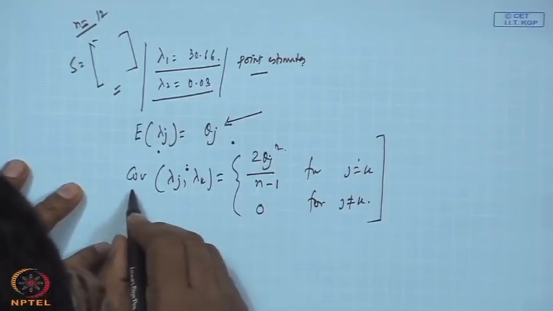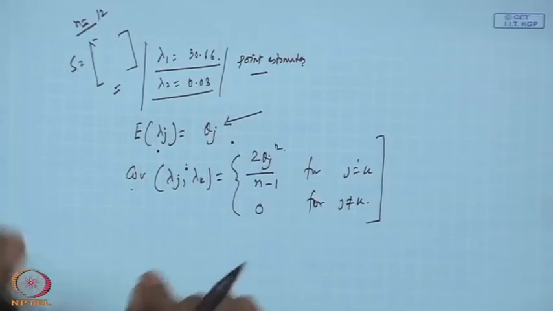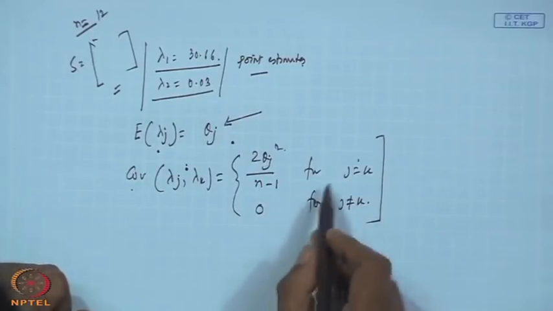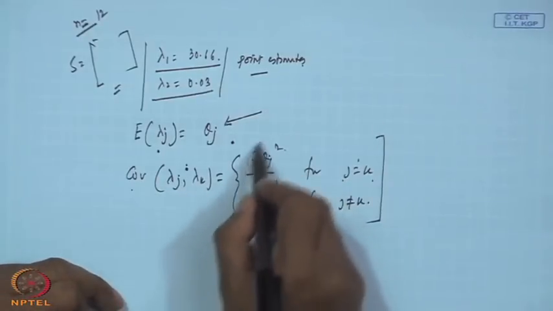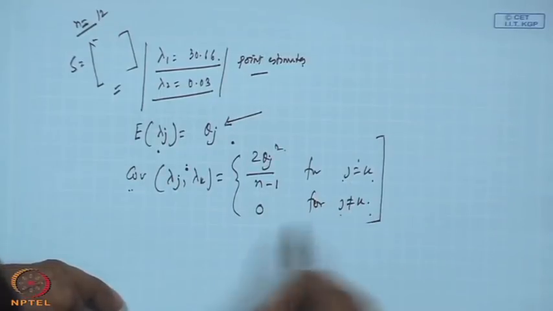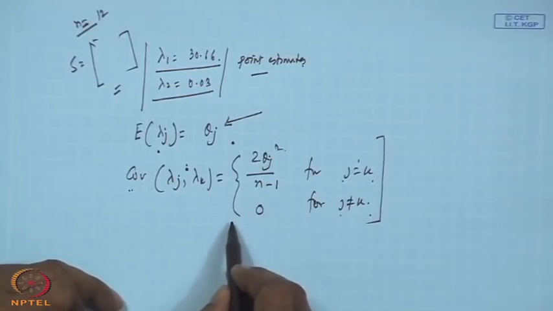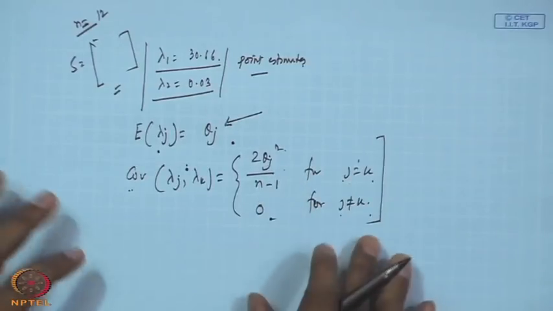What I mean to say here is that for the two components lambda j and lambda k, when j equal to k, this is nothing but the variance component, and when j not equal to k, that is the covariance component. So, covariance is 0, variance is 2 theta j square by n minus 1.